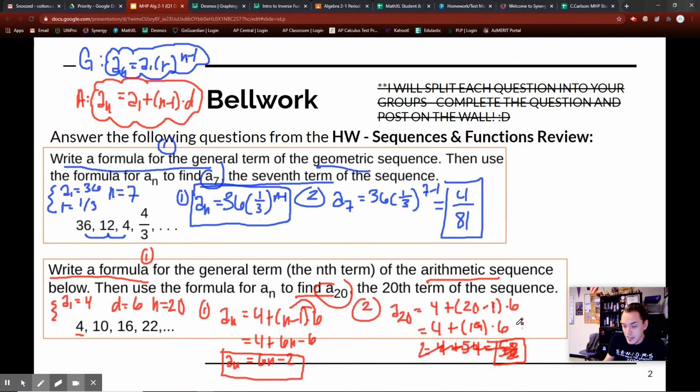I did it wrong on the calculator. 4 plus 19 times 6 gives me 114, and then this is 118. That's my actual answer, not this.